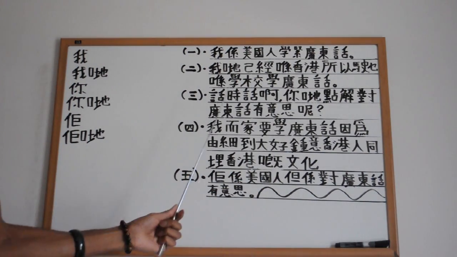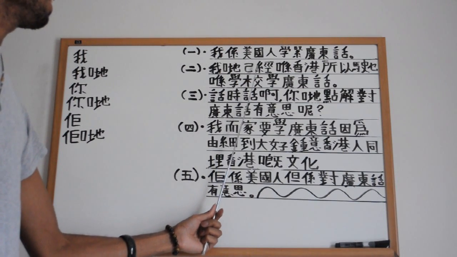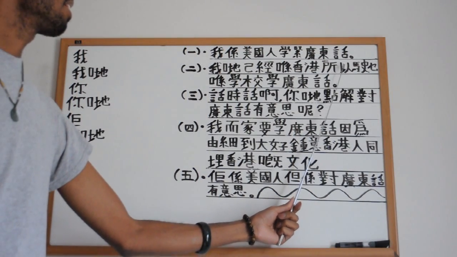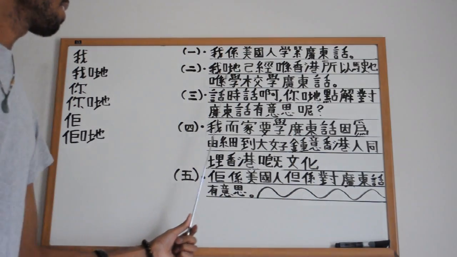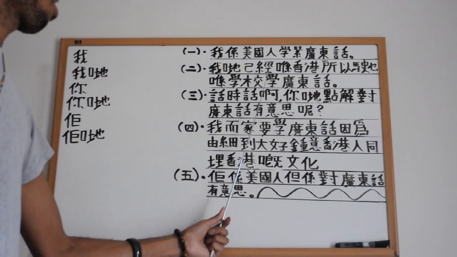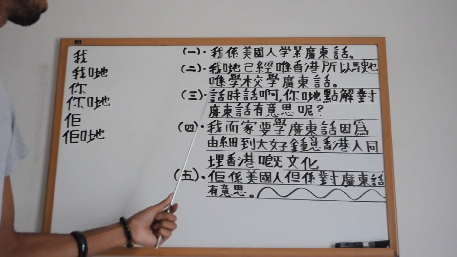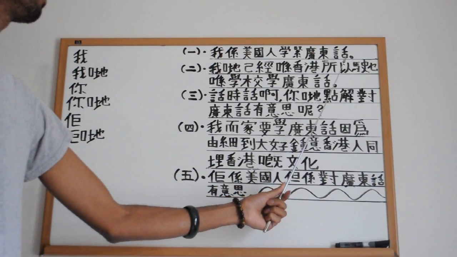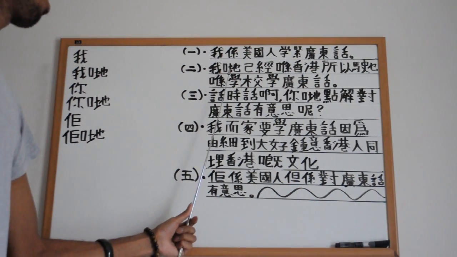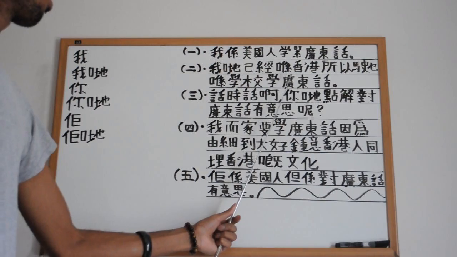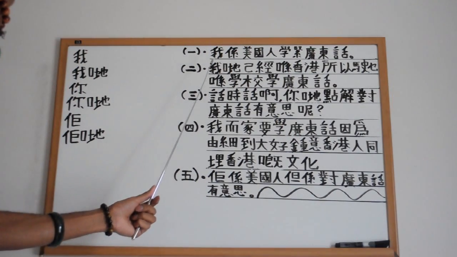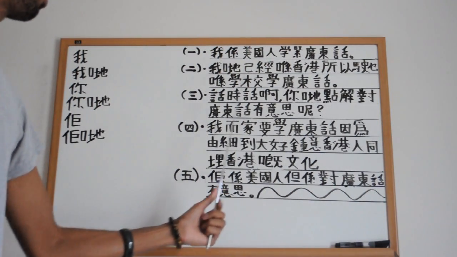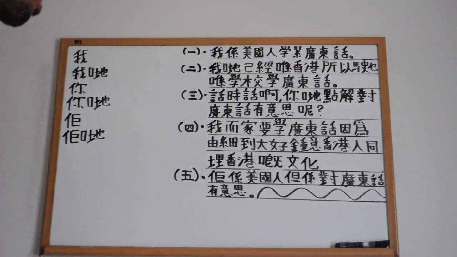Alright? Next one. 我哋已經喺香港，所以細密喺學校學廣東話. So the translation, we are already in Hong Kong, so no need to study Cantonese at the university.